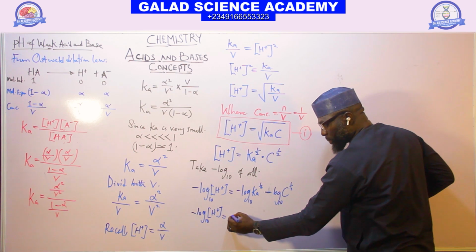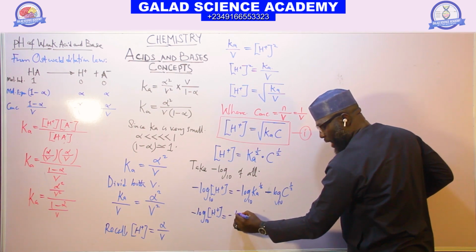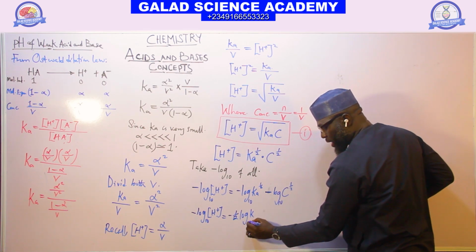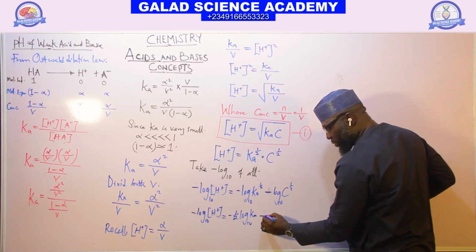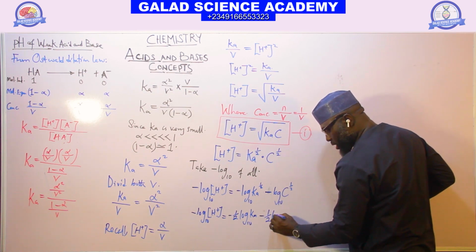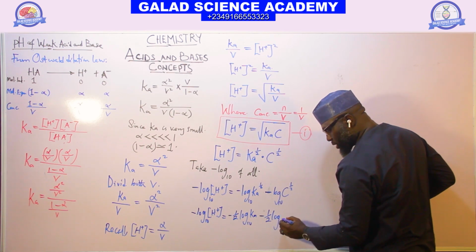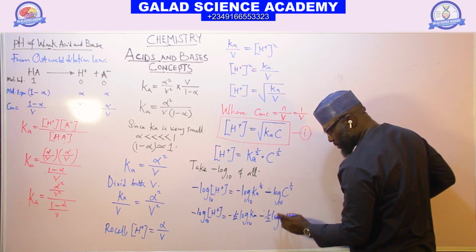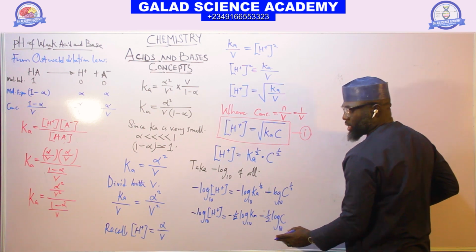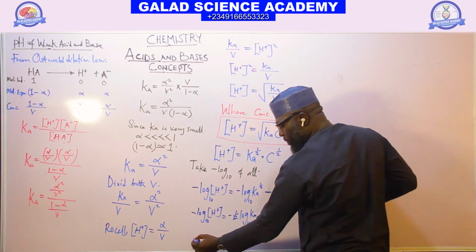It will be minus half of logarithm of Ka to base 10. Here we have minus half of logarithm of C to base 10.